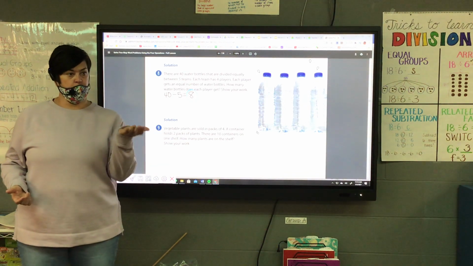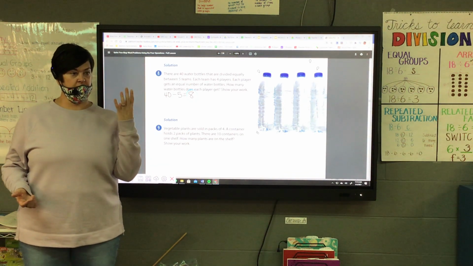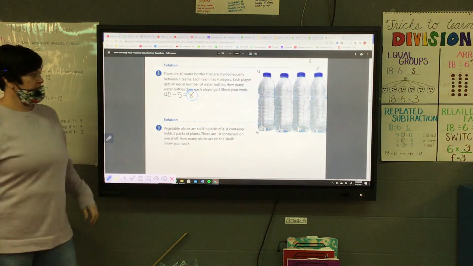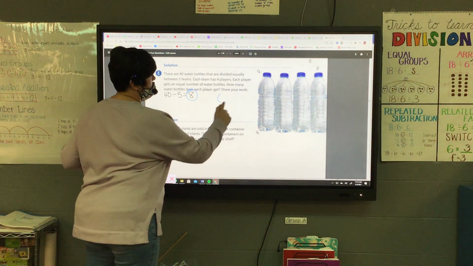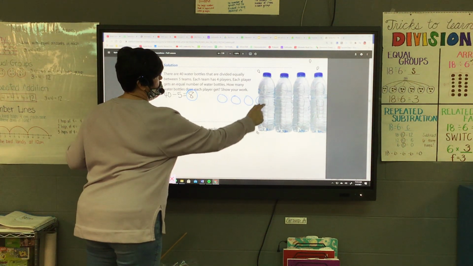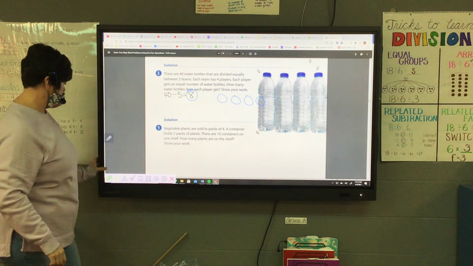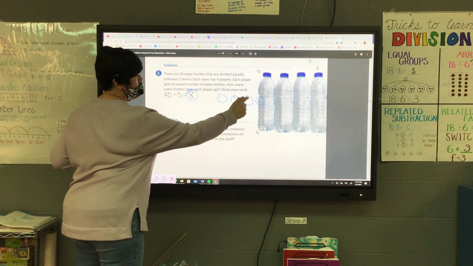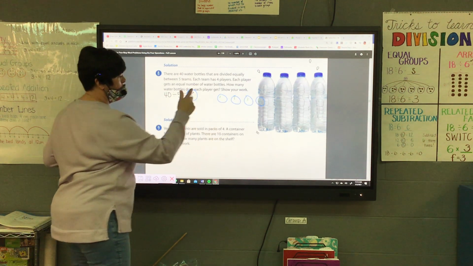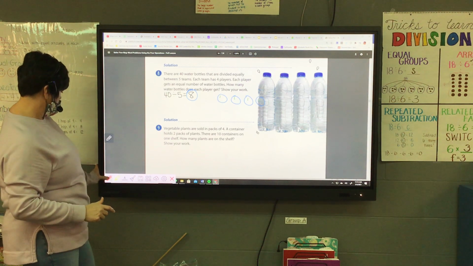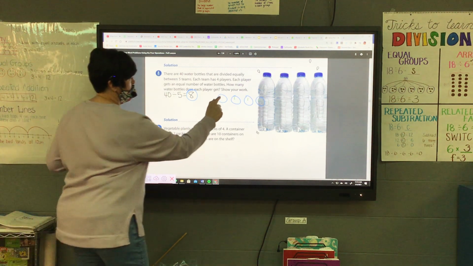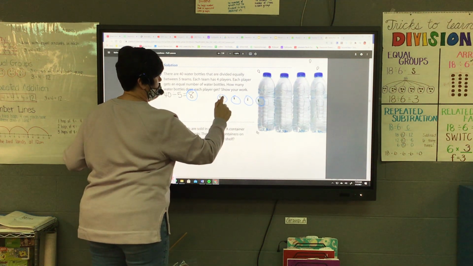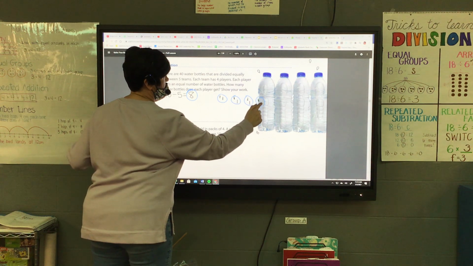There's 8 water bottles per team, and there's 4 players on that team. So if there's 4 players, 1, 2, 3, 4. This one, so that would be 1 water bottle, 2, 3, 4. How many water bottles are we working with here? Okay, so make that darker. 1, 2, 3, 4, 5, 6, 7, 8.